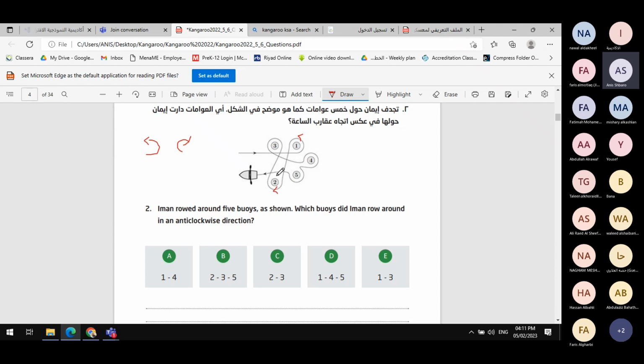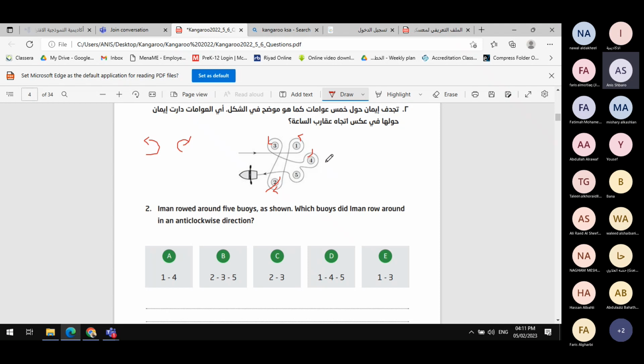So also, no, it's clockwise, so we don't want that too. Going up to the 3, it is anti-clockwise. So 1 and 3 are anti-clockwise.